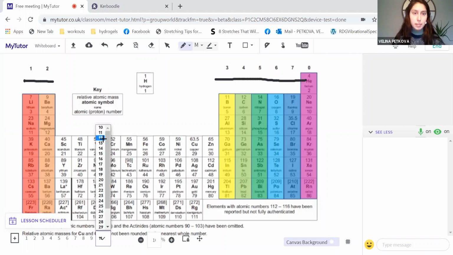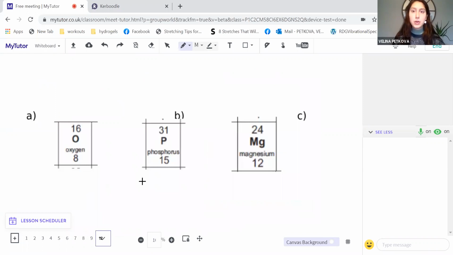Okay, brilliant. So let's have a go at some questions then. For A, what is the number of protons? 8, perfect. What's the number of electrons?